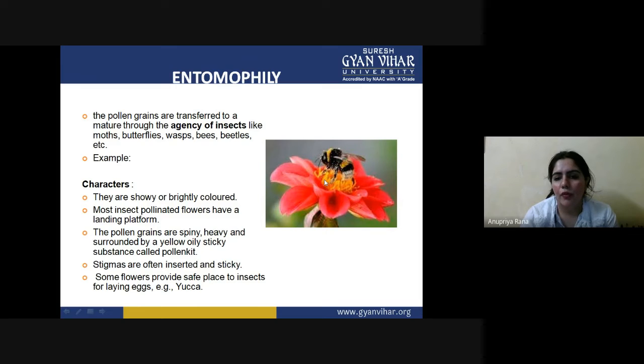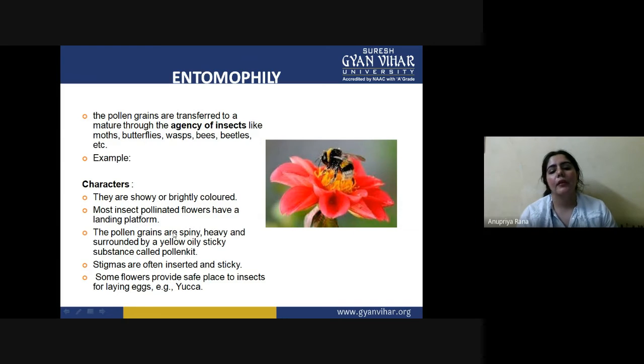This platform is needed for their landing, because they need to take nectar, so it will take some time. And while they are taking the nectar, the sticky pollen grains should be present here, so they just attach to their legs when they go to another flower. When they land there, they easily drop off this pollen on another flower or another stigma.